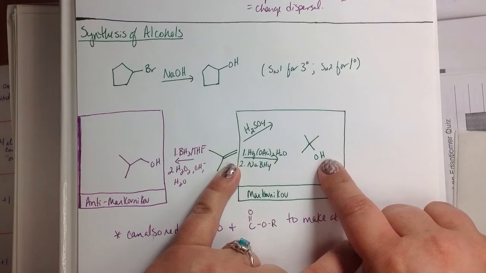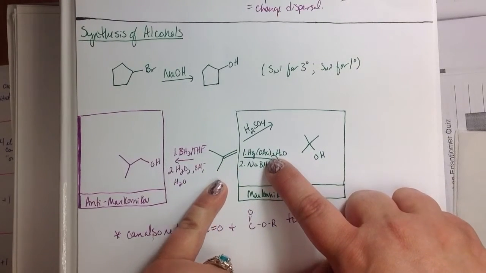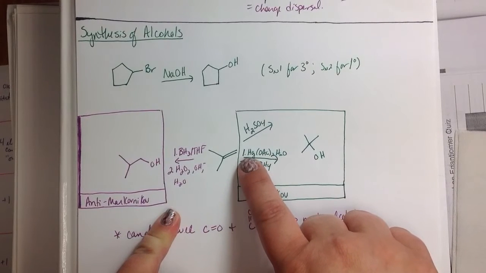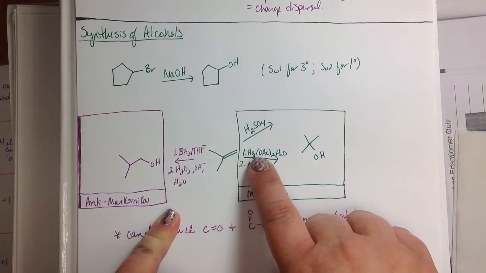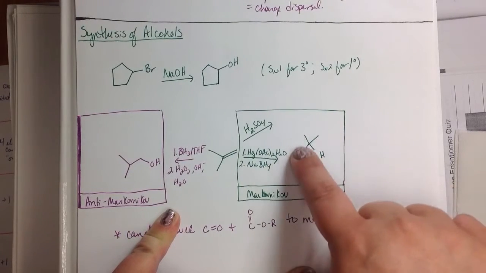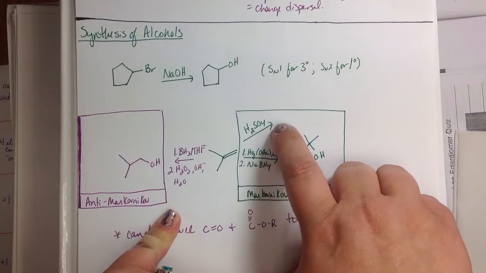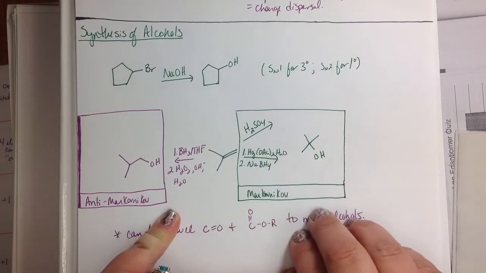Okay, so if we start with an alkene, we know that we can do H2SO4 and end up with this guy. Another way to do that is through oxymercurization, and just do this, Hg(OAc)2, H2O, followed by NaBH4, and you end up with the same type of molecule. This one can rearrange. We're going to look at that later too.